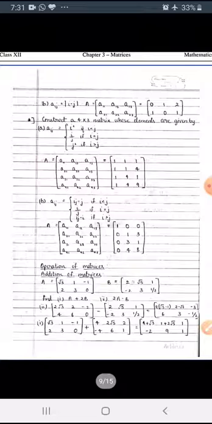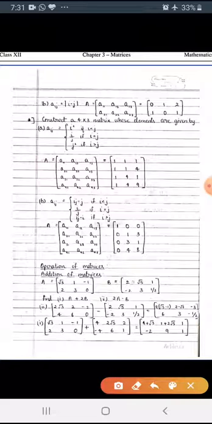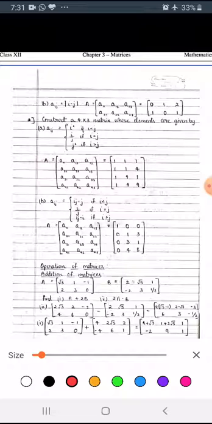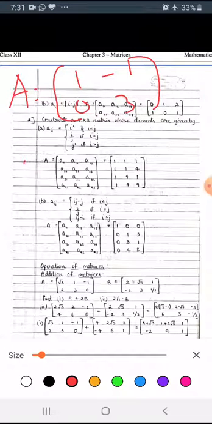Okay, now we will see the addition of matrix. So what is the addition of matrix? See here, in the addition of matrix or subtraction of matrix, I will give one example. See here, A equal to, for example, 1 minus 1 0 3. B equal to 3 5 7 2.